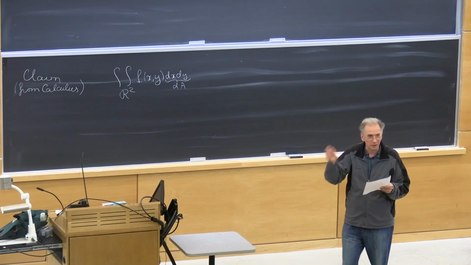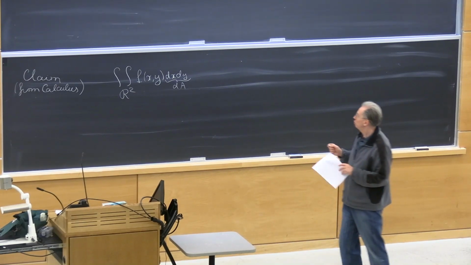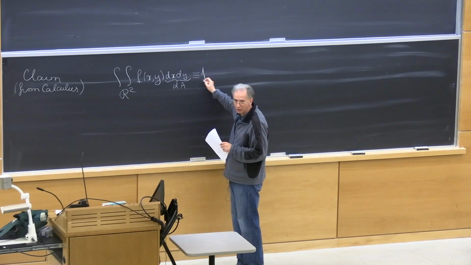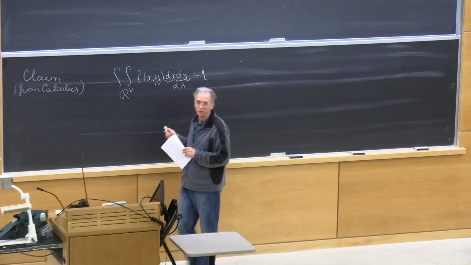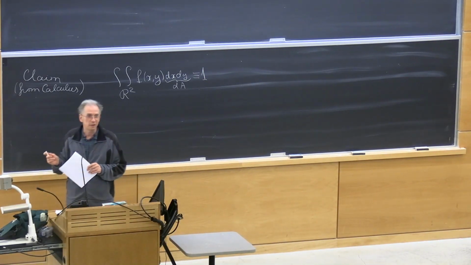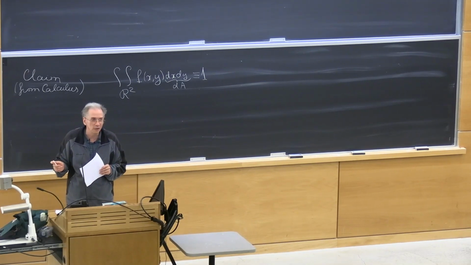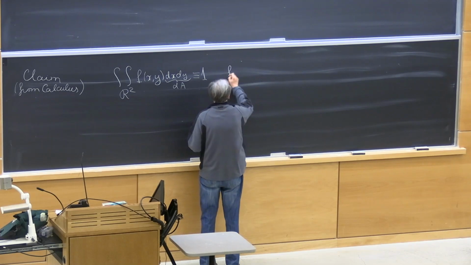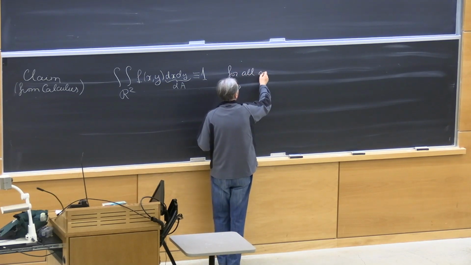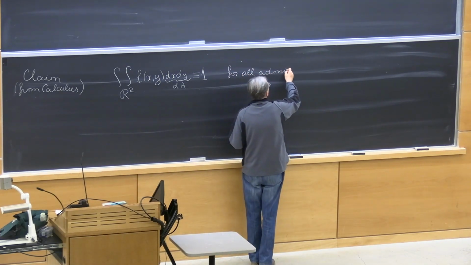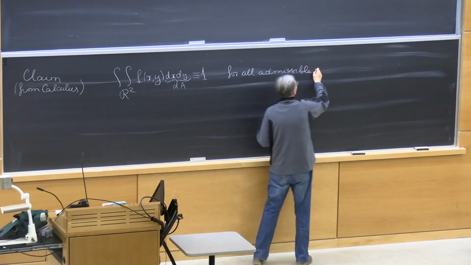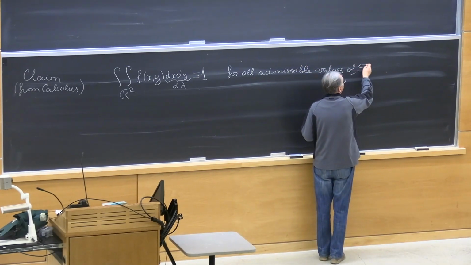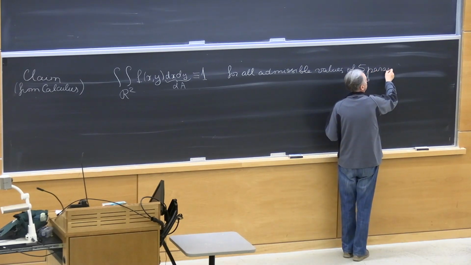Okay? Like, so we need to show that it's equal to 1 identically. You know it's not number 3. It's identity, yeah? For all admissible values of 5 parameters.